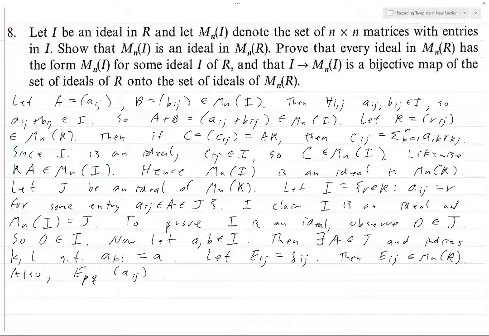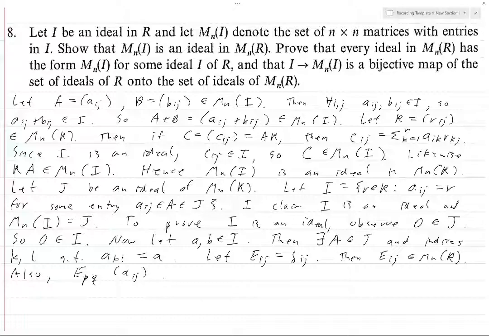That does not sound right to me. Because E_pq... hold on. It's E_pq and then A_ij. So when we're going through this, oh no, that's right.